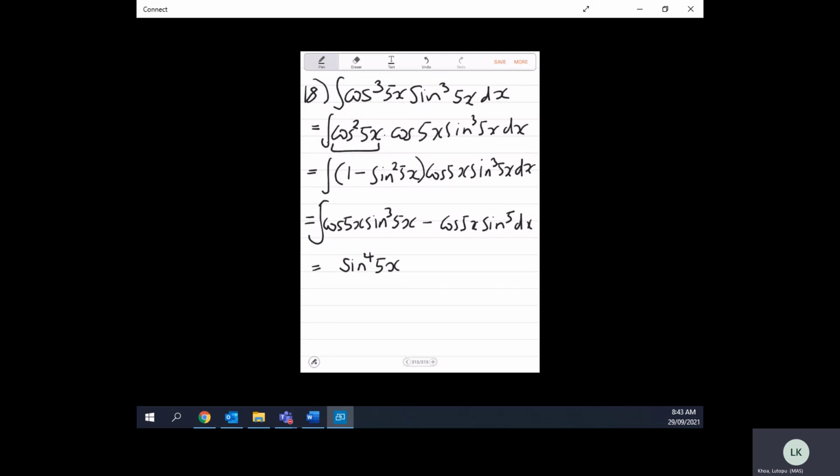You divide by 4 and then divide by 5 as well. So that's dividing by 20. And then here, you have sine to the power of 6 of 5x divided by, you divide by 6 and then by 5 as well. So that's dividing by 30. And then you add your constant of integration.